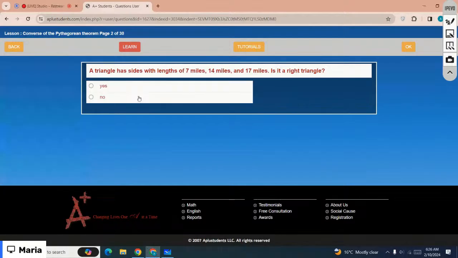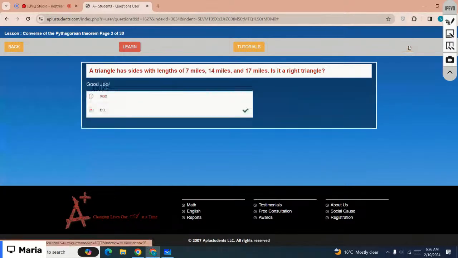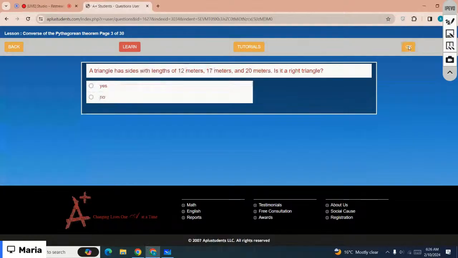Okay, the next one you have to do in your notebook, right? Our triangle has sides with length of 12 meter, 17 meter and 20 meter. Is it a right triangle?